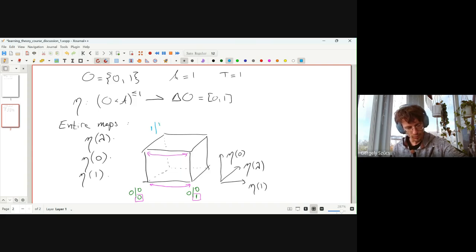Say 1 on the output 0 and 0 on 1, and then, for example, this vertex here would be 1, 0, 0, and here it's kind of the opposite way.